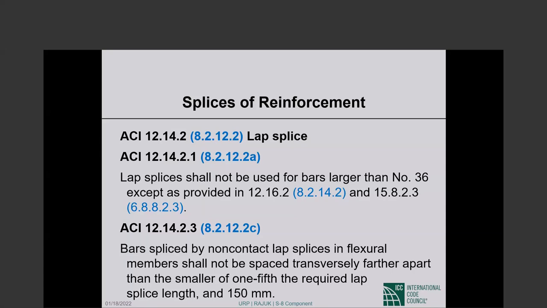Bars spliced by non-contact lap splices in flexural members shall not be spaced transversely further apart than the smaller of 1/5 the required lap splice length and 150 millimeters. So if it is a non-contact lap splice, the bars being lapped should not be too far apart from each other. The maximum distance is 6 inches or 1/5 the required lap length, whichever is smaller.